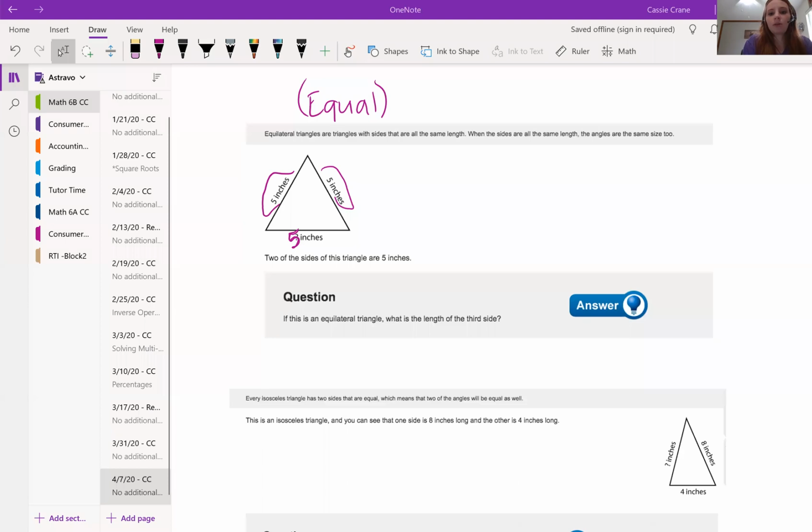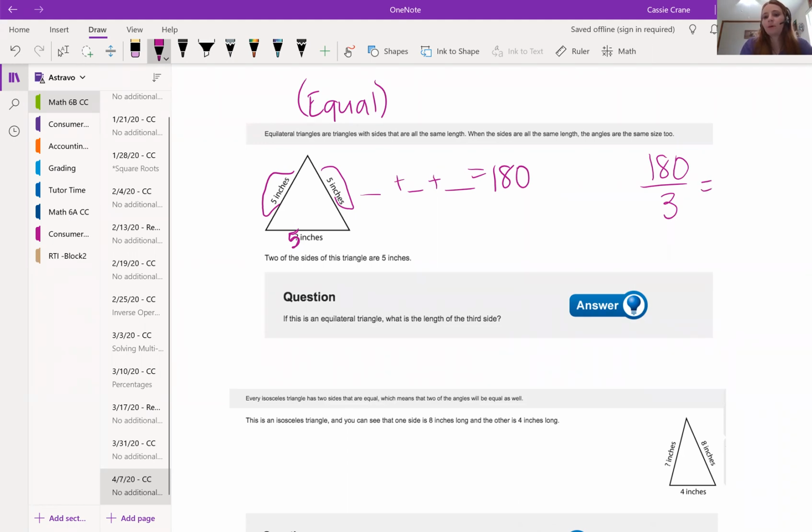So if we know that they all have to add up to 180, and there are 3 angles in every triangle, then we know that we have 3 of the same thing. We couldn't really subtract here because we don't know any of them yet. But since we know they're all equal and there are 3 of them, we could divide 180, our total, by 3.